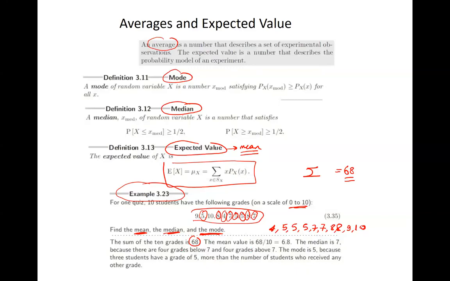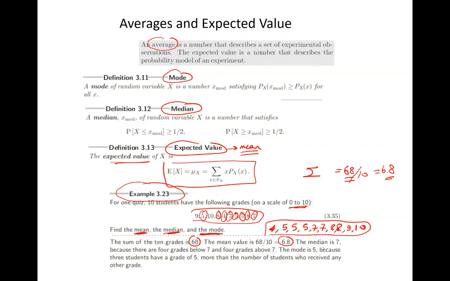But here, since the probabilities are equal, we just add them up and divide by the number of outcomes, 10, which is 6.8. Okay, the average value or the expected value or the mean value is 6.8.